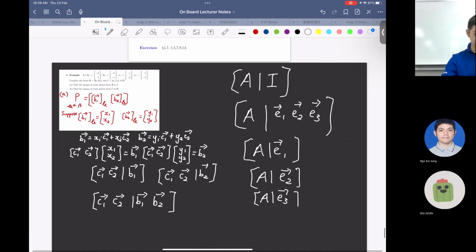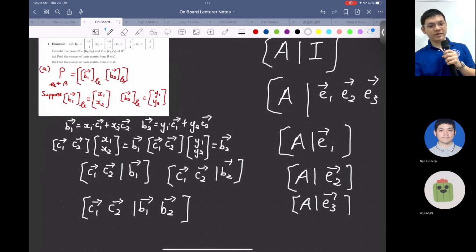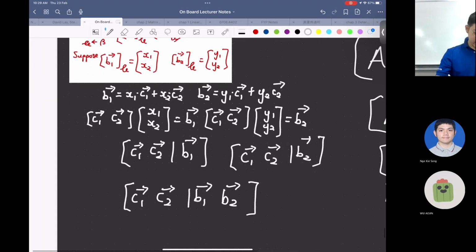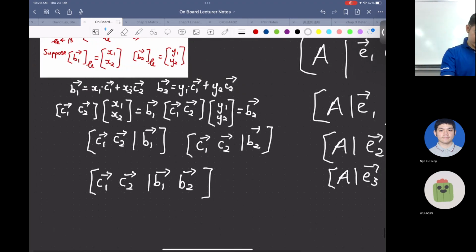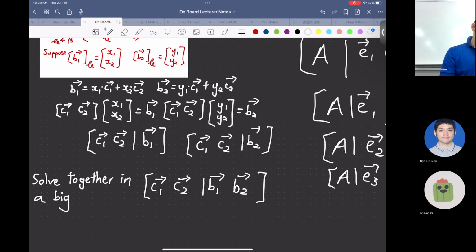So it's quite surprising, but it is doable. So we can solve it in a big augmented matrix and solve it together in a big augmented matrix.